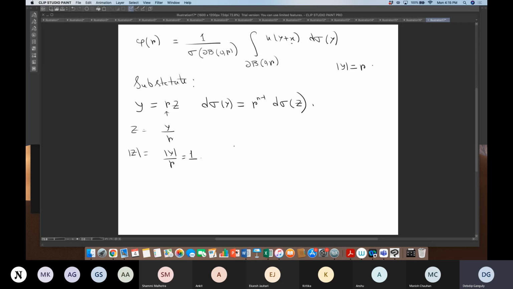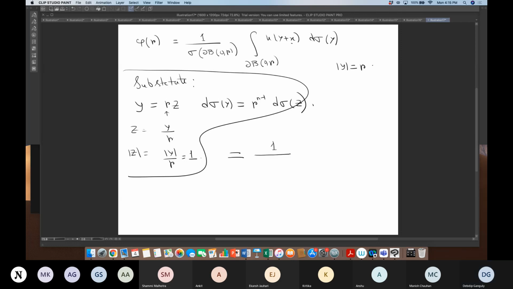Clear. So now the integral will be equal to just the above integral. If I do this substitution, what will be the above integral? 1 by sigma, u of x plus rz, r to the power n minus 1 d sigma z.